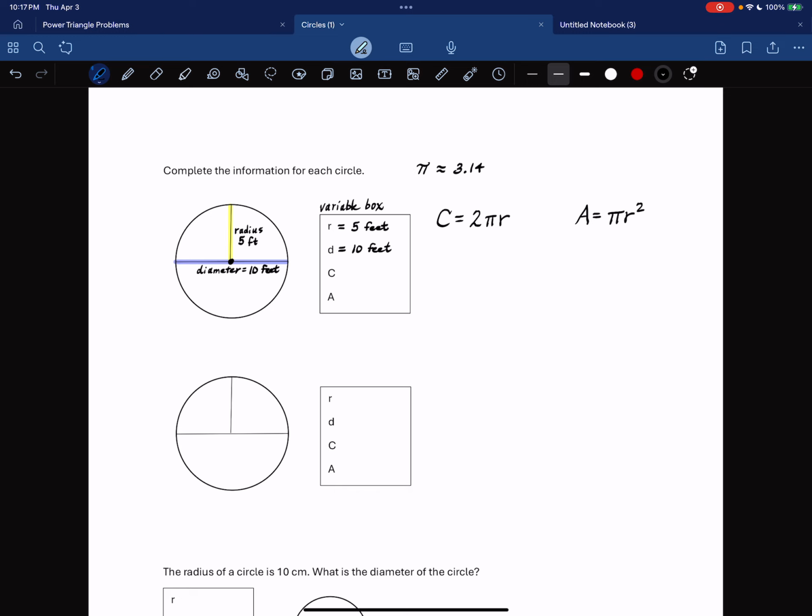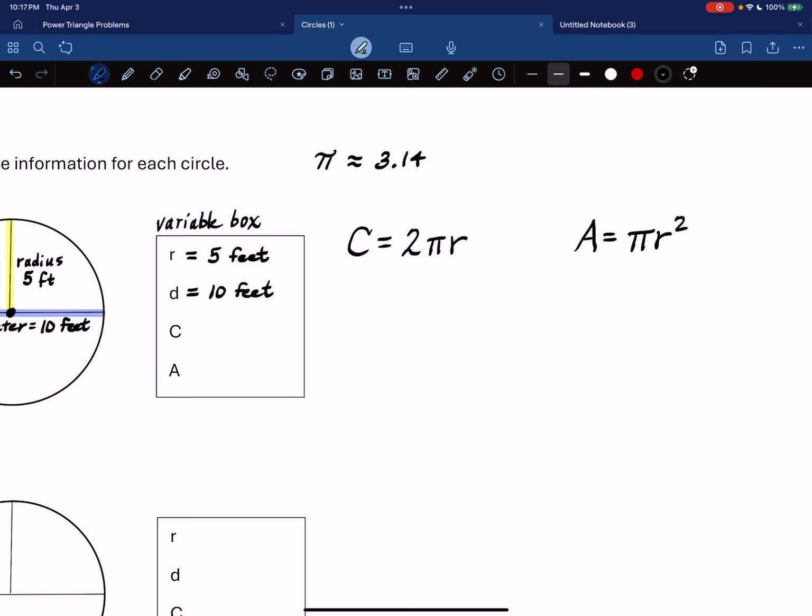So let's calculate circumference. Circumference is going to be 2 times pi times the radius, which in this case is 5 feet. So I would say 2 times 5, that's 10. And then 10 times pi. Remember, we're using 3.14 for pi. If you want an approximation, use 3.14.